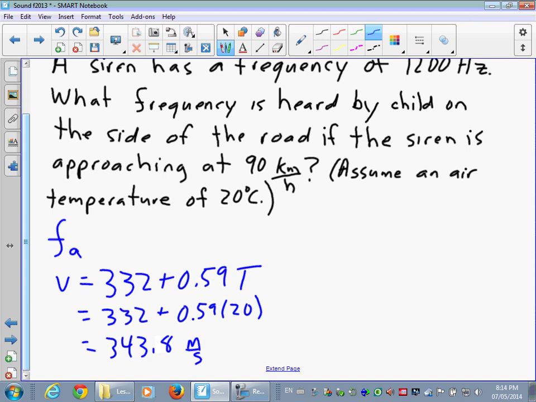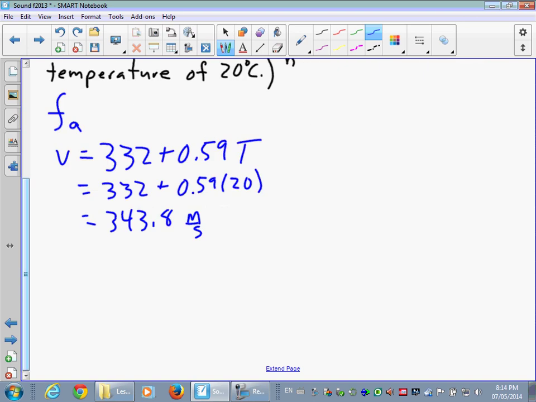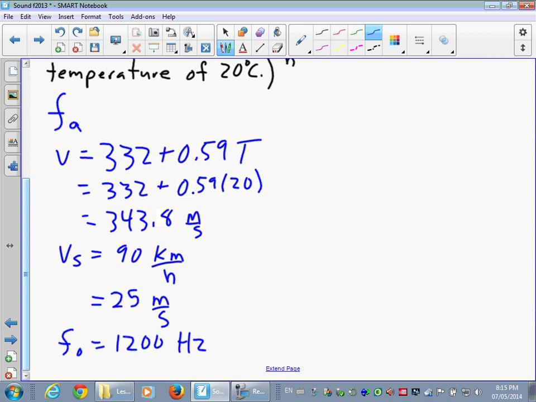So that's the speed of the wave. The speed of the source is 90 kilometers per hour. It's been a long time maybe since you've done kinematics, but that is equal to 25 meters per second. I like to throw in the conversions just to make sure you keep thinking about it. And that's the only other thing that we need, our original frequency, which was 1200 hertz.